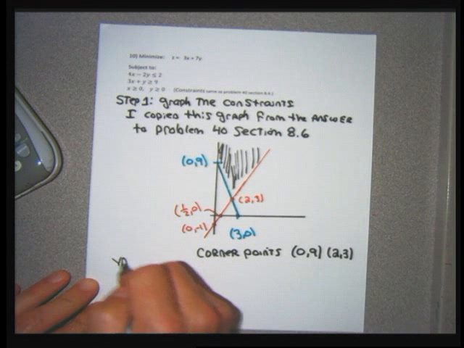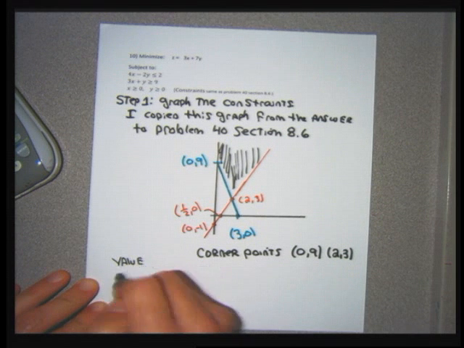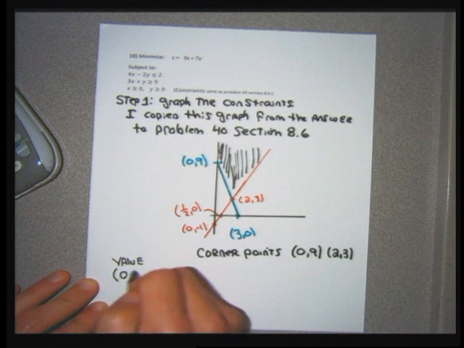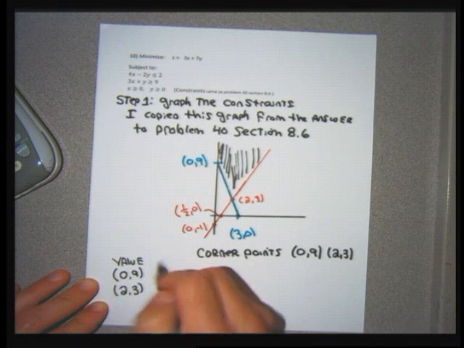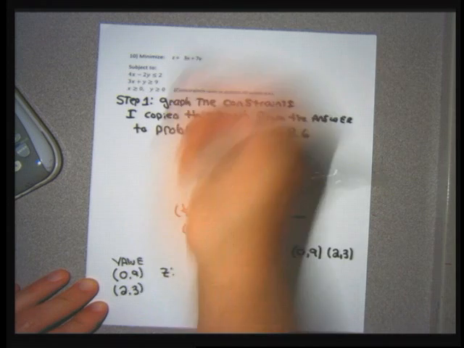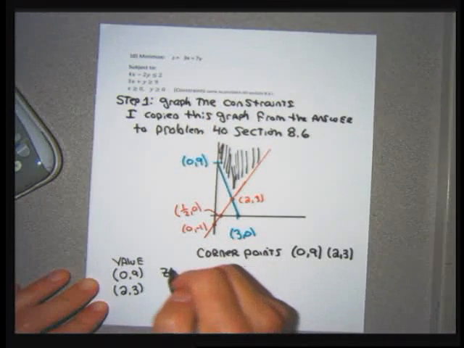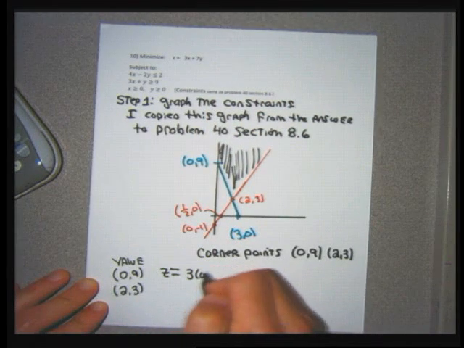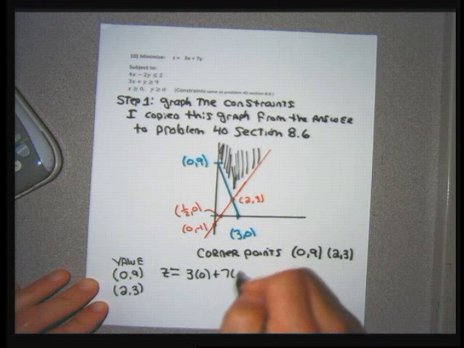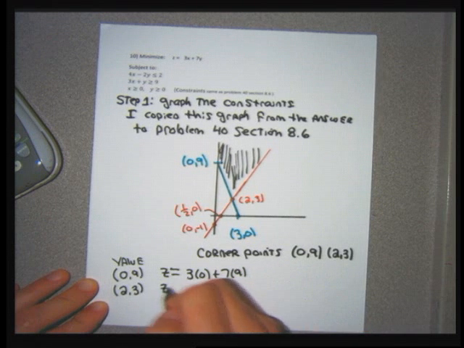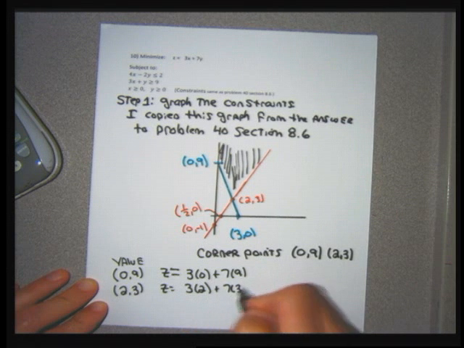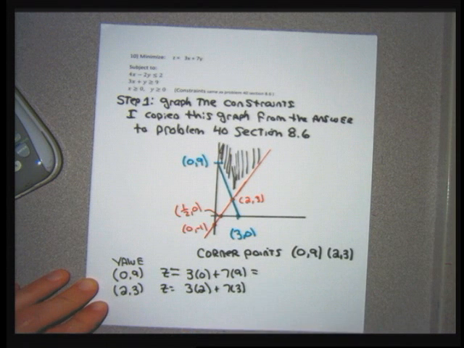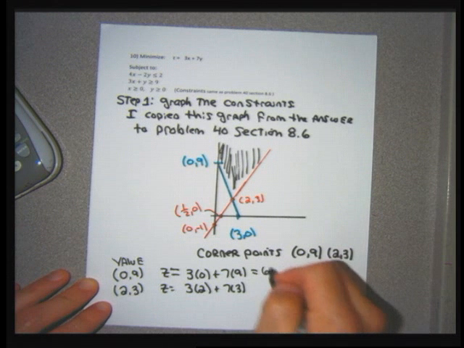For the linear programming part, once you have the graph and you know the corner points, you take each of the corner points and put them into the minimize equation. For the first point, I get 0 plus 63, which is 63.